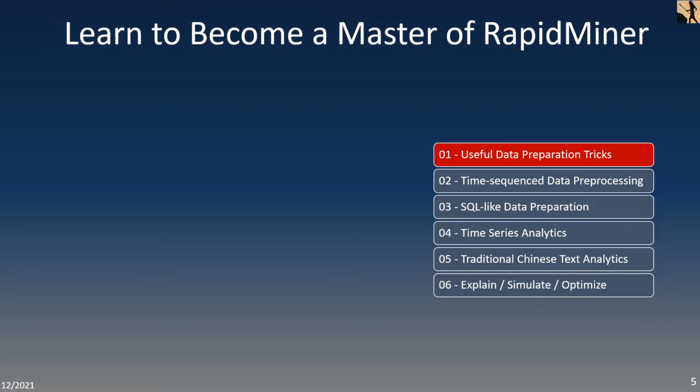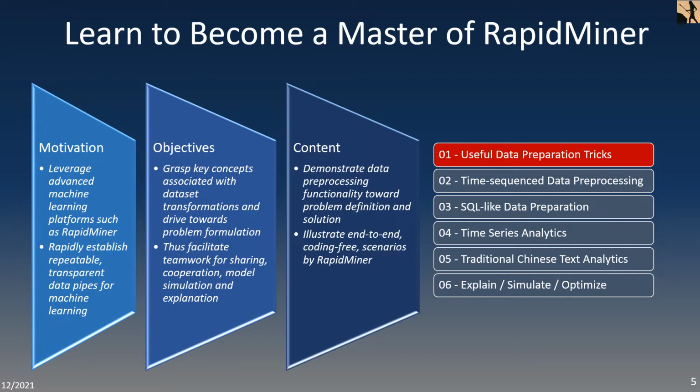And what are the motivation and the objectives then? RapidMiner is very powerful and easy to use, but we have unfortunately continued to see some of our customers struggle to master the platform the way they like.